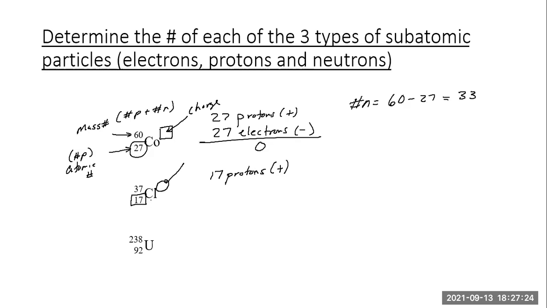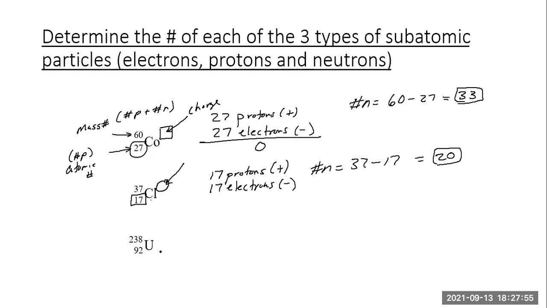Because there's no charge, we should also have an equal number of electrons to balance it out. 17 positives and 17 negatives give us no charge overall. Our number of neutrons is our mass number, which is 37 in this case, minus our atomic number, which is 17. That looks like 20 neutrons. Any questions on that one there?